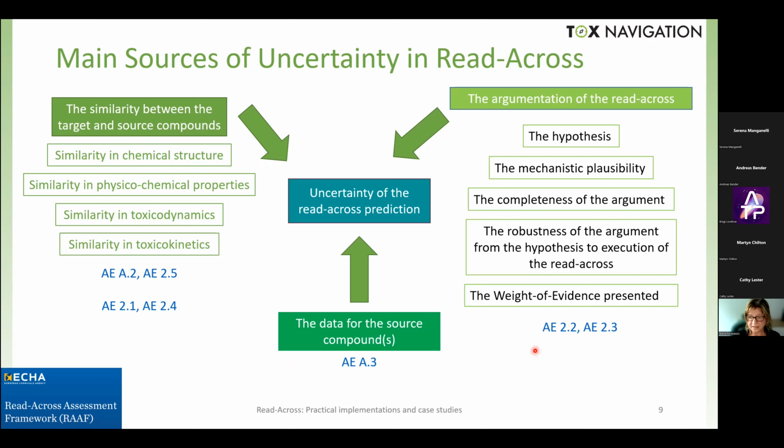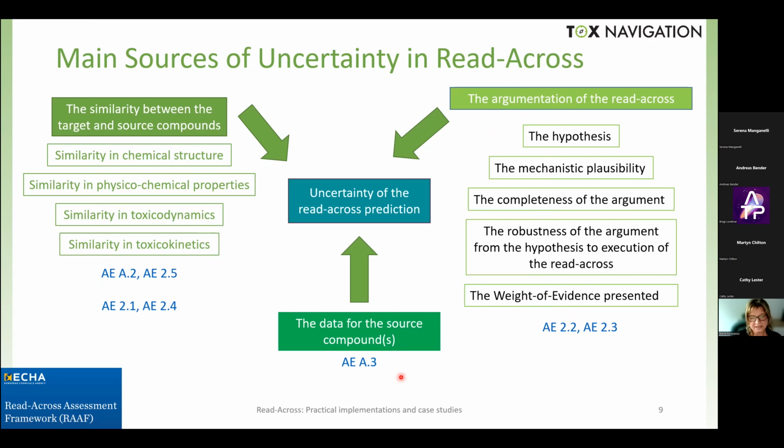What I've done here is list the assessment elements of scenario 2, which is the analog approach for a property that doesn't change, so it is the same between the target and the source compounds. These are the assessment elements that are related to the argumentation of the read-across. These are the ones that can be correlated with the similarity analysis.